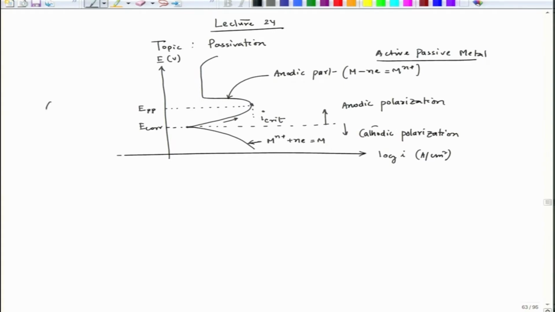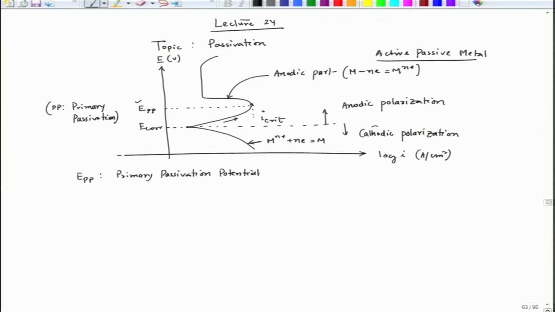PP subscript means primary passivation, so E PP is the primary passivation potential.